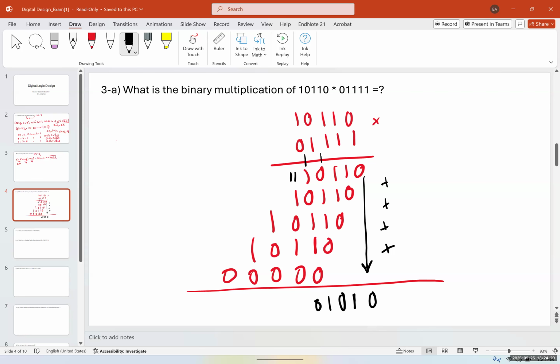Sorry, 1, 0, 0, 1. So 1, 0 plus 1 plus 1 gives us 1, 1. So the final answer is 1, 0, 1, 0, 0, 1, 0, 1, 0.